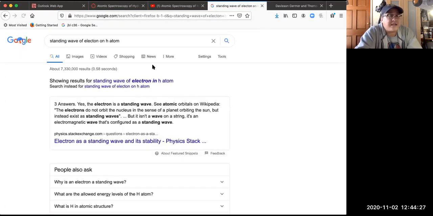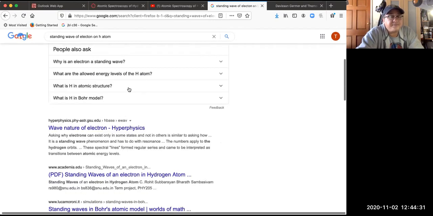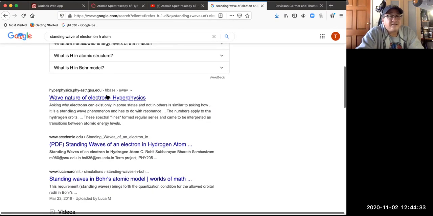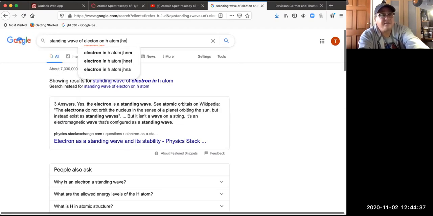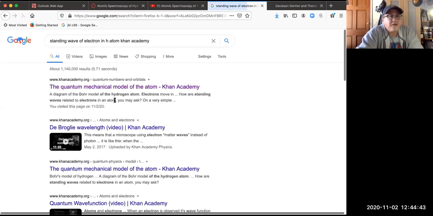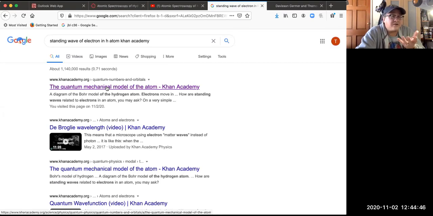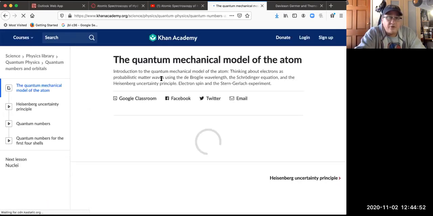And I think Khan Academy actually does a decent job of showing this. Let me see if I can type in Khan. Here we go, the quantum mechanical model of the atom. So you do have a lab that I'm going to have you do tomorrow that includes reading this article.